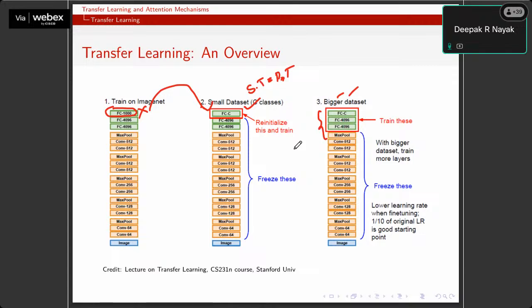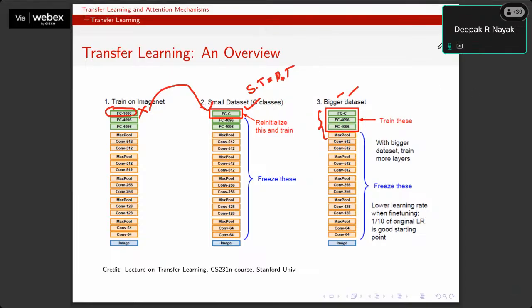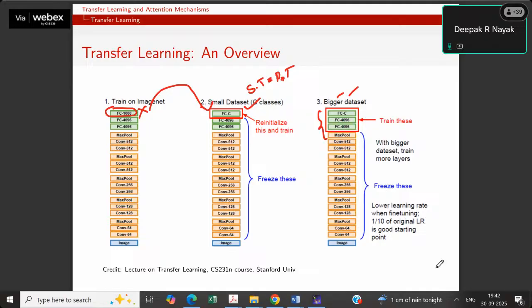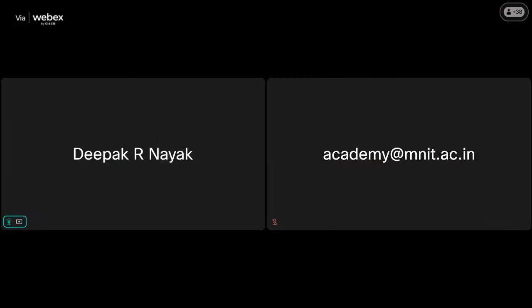I hope the transfer learning part is clear. Do you have any queries till this slide? Do you have any queries on transfer learning? If you have any queries, you can write them in the chat box so that I can discuss. Let me check the chat box.